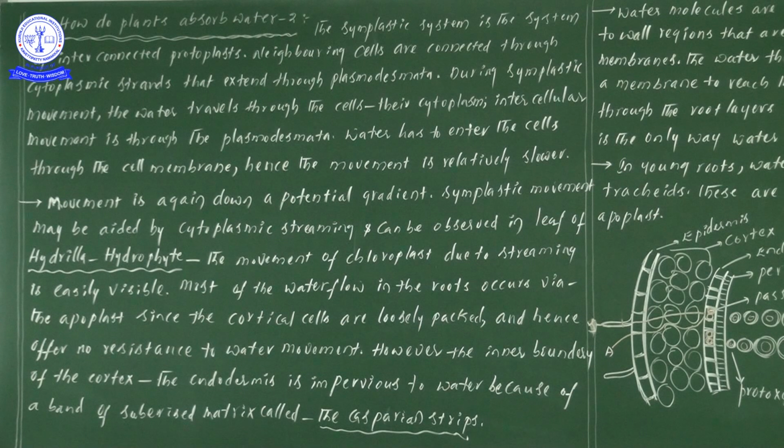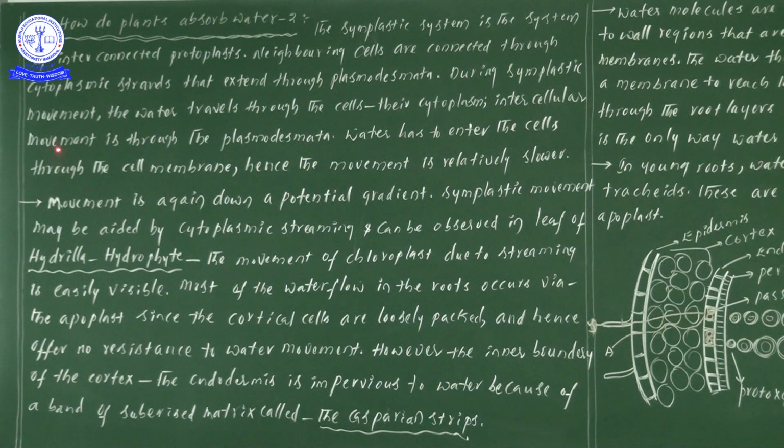Two distinct pathways are there for the transport of water. In the apoplastic pathway, movement of water takes place through the intercellular spaces, as we learned. Symplastic movement is the travel of water through the cytoplasm.